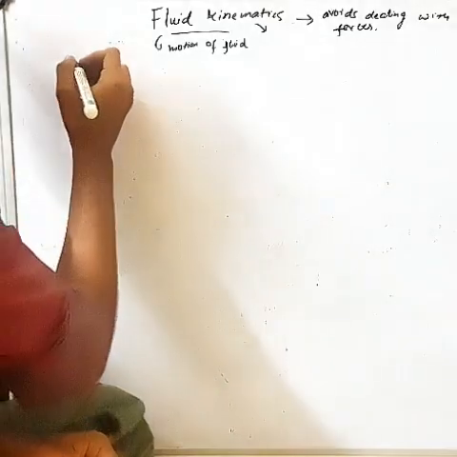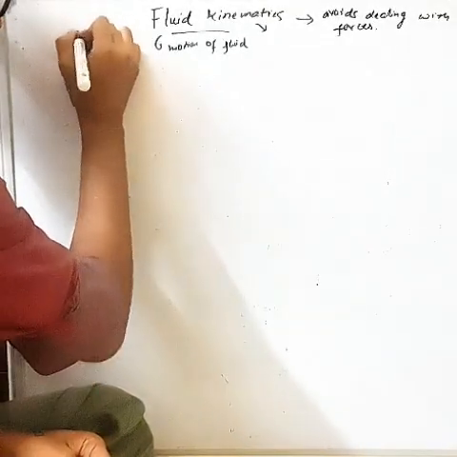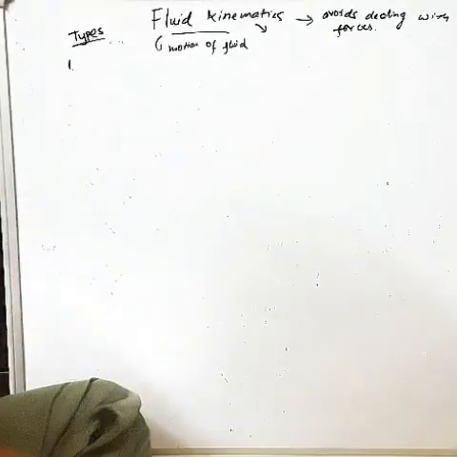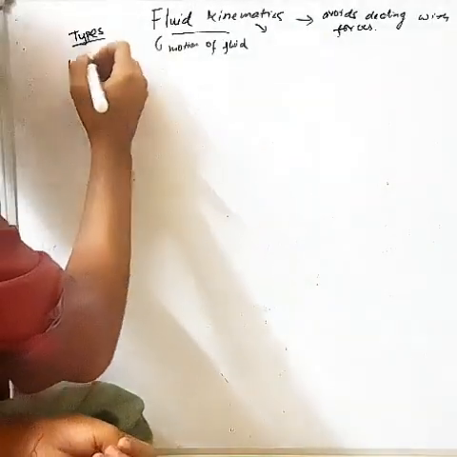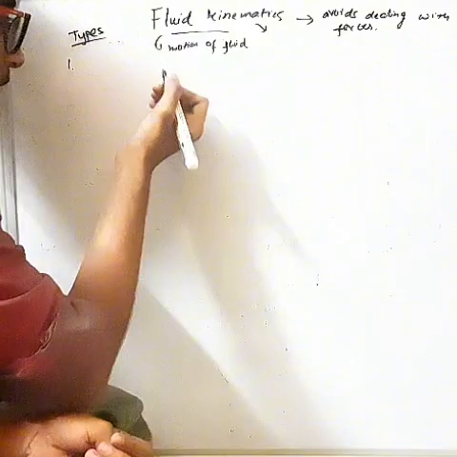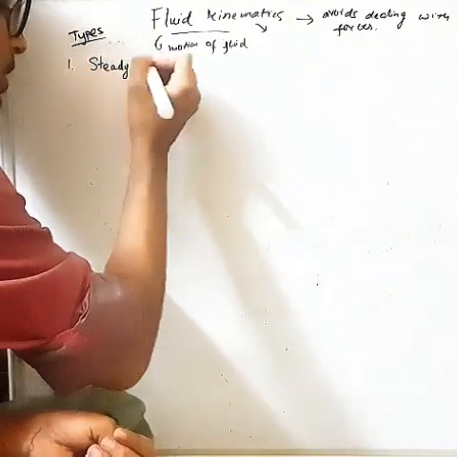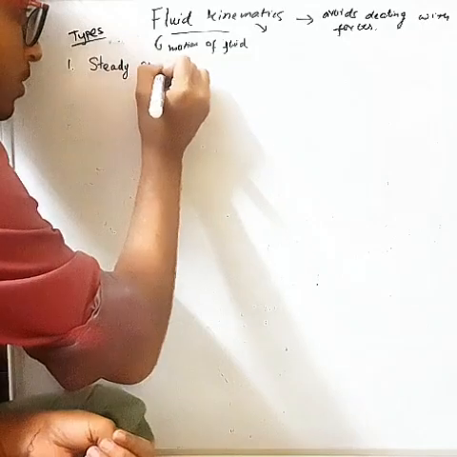Okay, first we get to types now. Types of fluid. We are studying fluid kinematics, so of course there are going to be types of fluids. The first type is steady flow. What is steady flow?